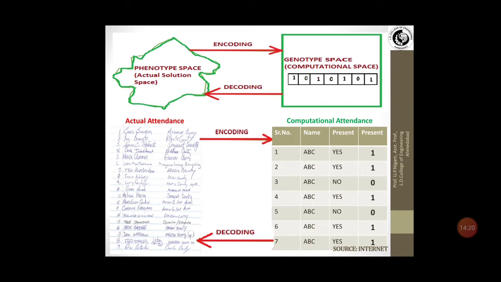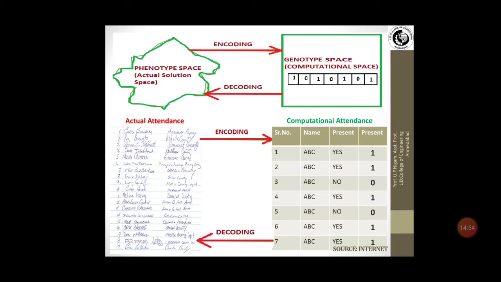For example, there is some attendance of the laborers who are coming into your firm. In this attendance, you can see the names are written and the signs are there. When you need to convert this for computation into MS Excel, you have converted whatever you have written into computational values, which means you can do some editing.